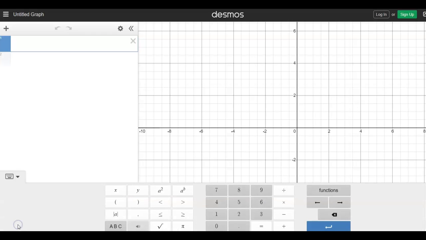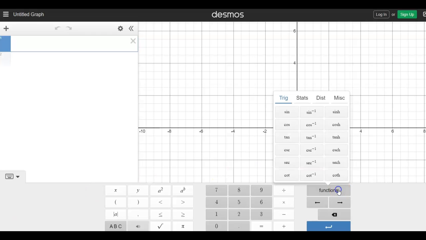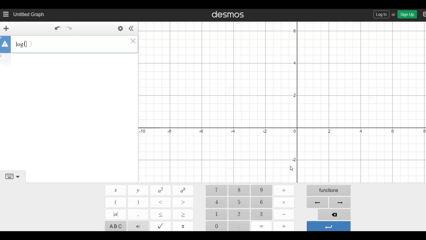You want to go to the little keyboard at the bottom, and to Functions, and to Miscellaneous to find log. So you have the choice here of regular log, which is understood base 10, or log with a subscript base. Now because ours is a regular log with a subscript that's just an understood 10, I can hit just this and it pops up.